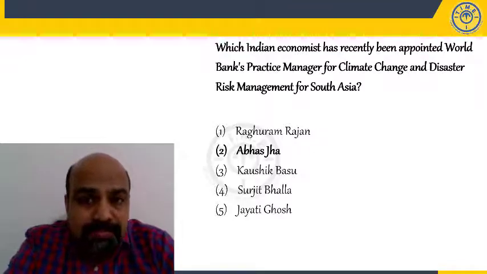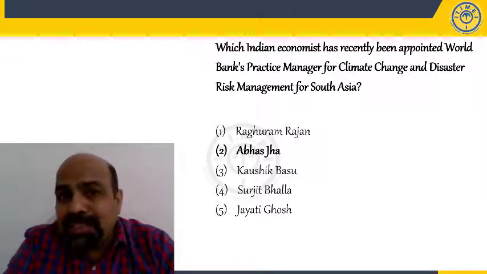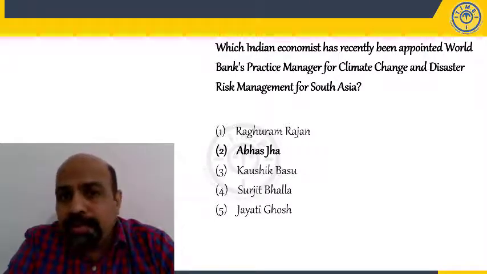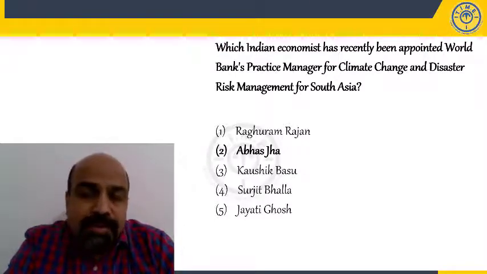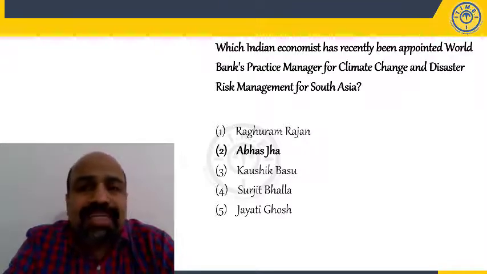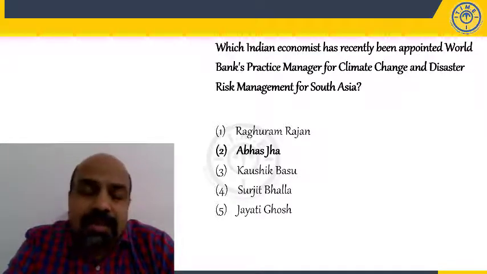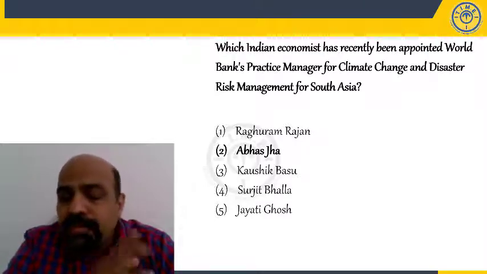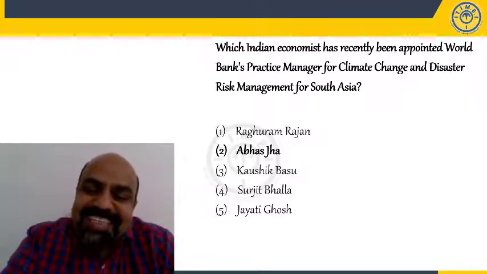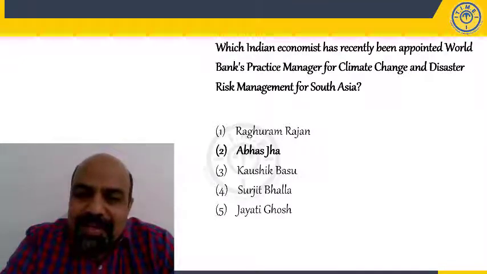That's where he teaches. He has been the youngest chief economist of the IMF, International Monetary Fund. He had been the RBI governor as well, governor of India's central bank. He had been a consultant to a lot of banks around the world. In fact, he was one of those considered to become the governor of the Bank of England also.